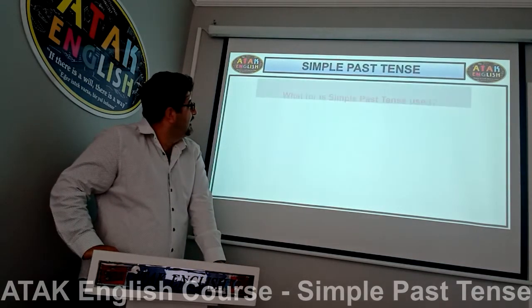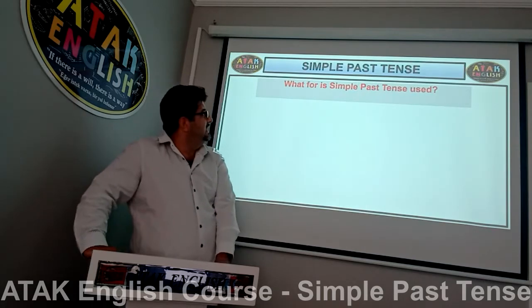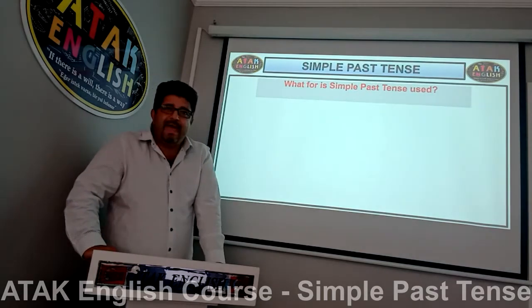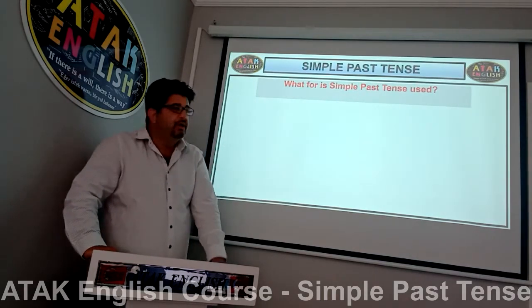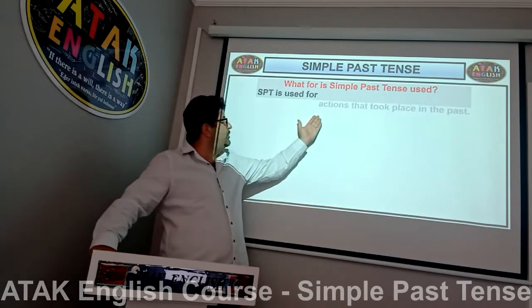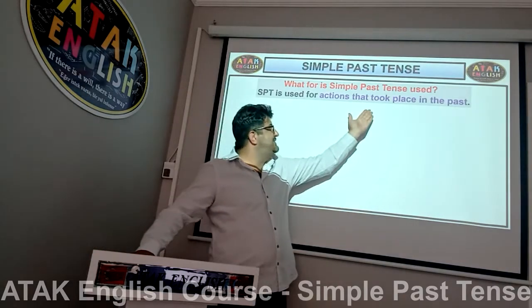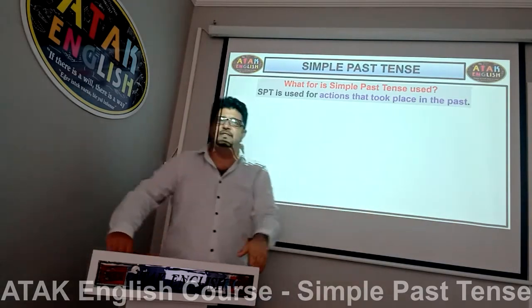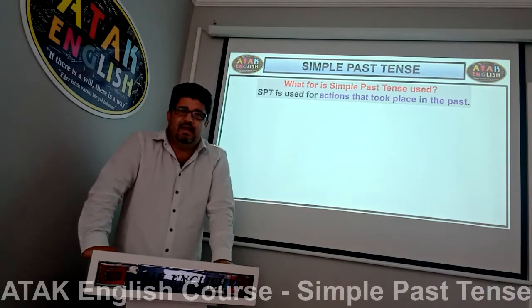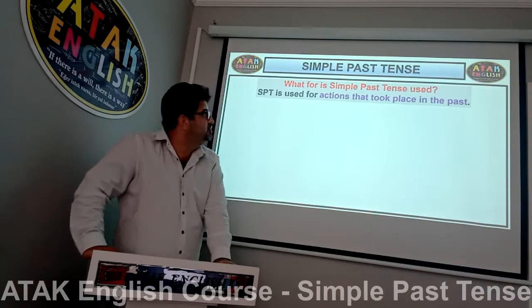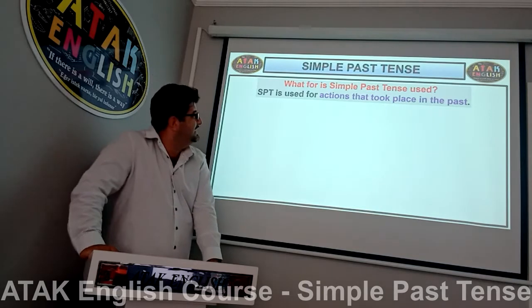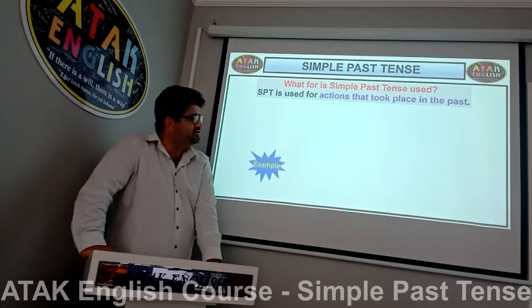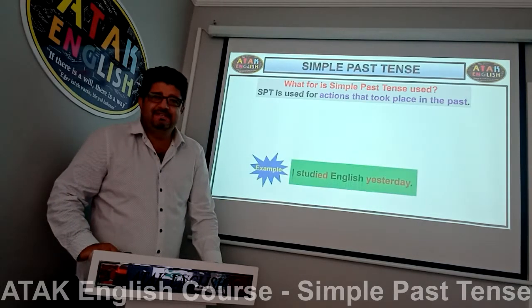Right. What is simple past tense used for? It is used for actions that took place in the past. Right? Actions that took place in the past. Let's try to explain it with an example.